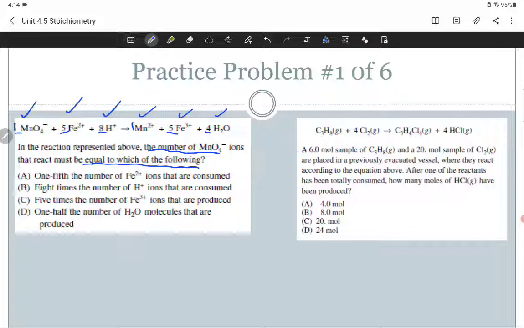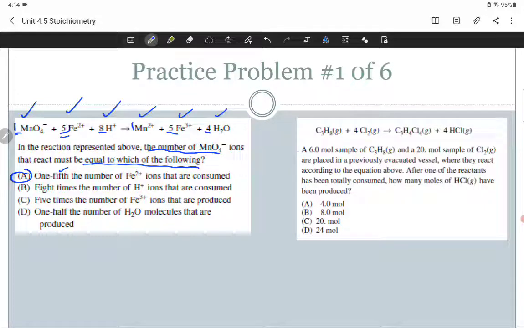So let's look at the first one here. 1/5 of the iron plus 2 ions. It's a 1-to-5 ratio, so it would have to be 1/5 of what iron plus 2 is. So we already grabbed an answer that's correct.